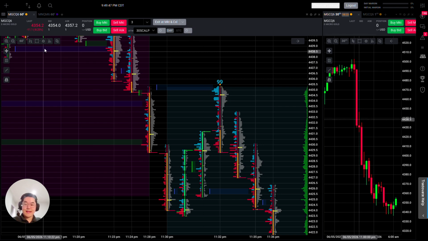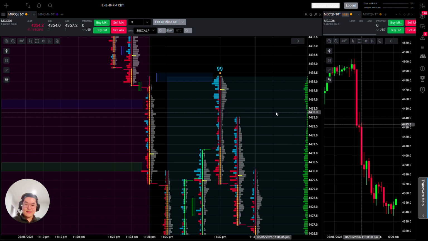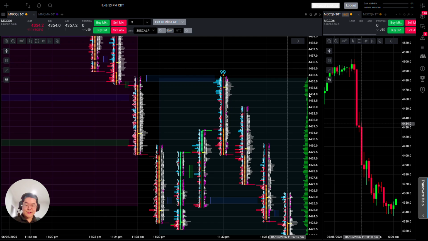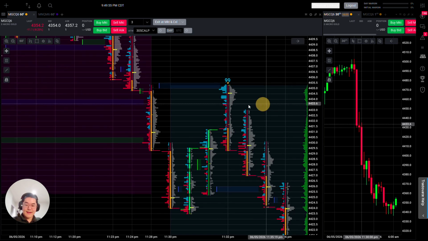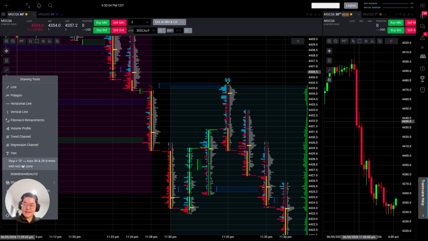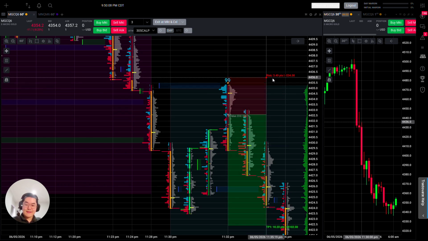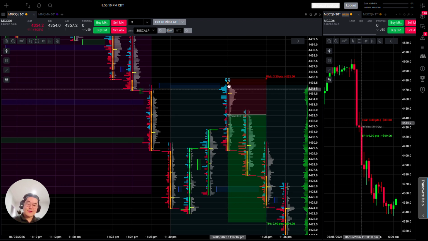Now, you can zoom in and start to see that, oh, not too much. Okay, we have a large amount of volume up here, low volume here. So as price enters into this low volume area, we would expect that price would not trade above this seller that's sitting here.